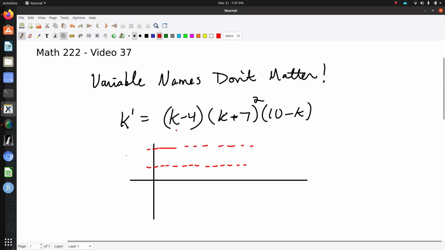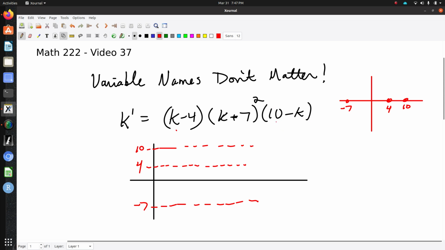And we also have one at k equals -7, but the one at -7 maybe looks a little different than we're used to. So let's just think about this for a second. So we have one at 10, 4, and -7, but -7 has a double root, and this guy is flipped around backwards. I really hate it, but like that's what we do.